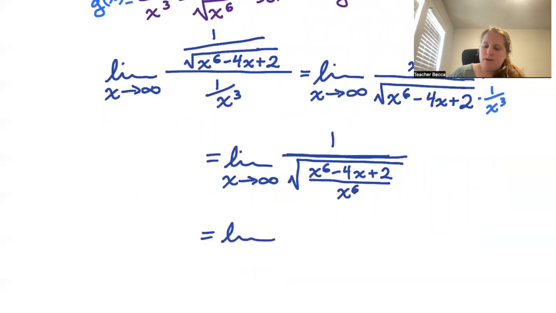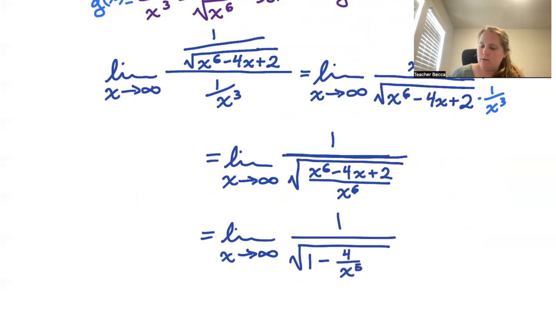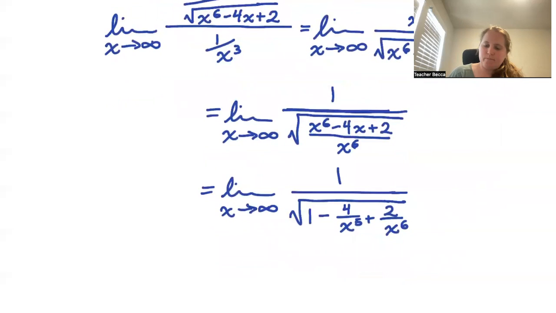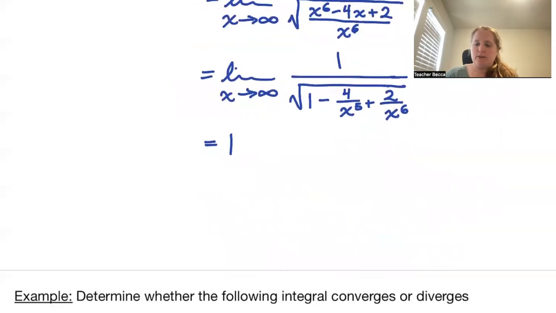This becomes the limit as x goes to infinity of 1 over the square root of 1 minus 4 over x to the 5th plus 2 over x to the 6th. And of course, as x goes to infinity, this winds up just going to 1. So in this case, the limit exists and is finite.